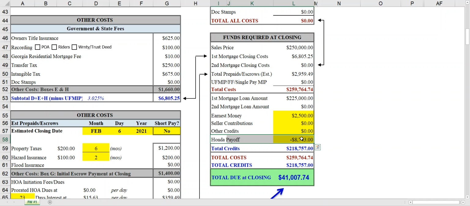The attorney will cut that check for us at closing, but we're going to pay off that Honda. It's the only way we can qualify. It's the most bang for our buck as far as what we could pay off on your liabilities and reduce our monthly obligation. So you wouldn't be paying that anymore. And then you would bring about $41,000 to the closing table. Now note, you're looking at about $43,500 all in at this. So your earnest money is that deposit, and then it's credited to you at closing.